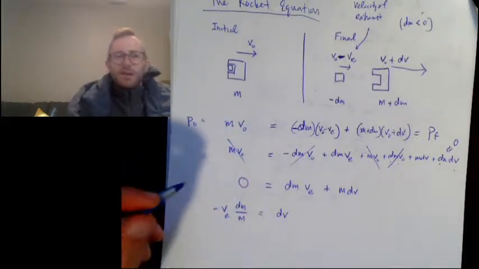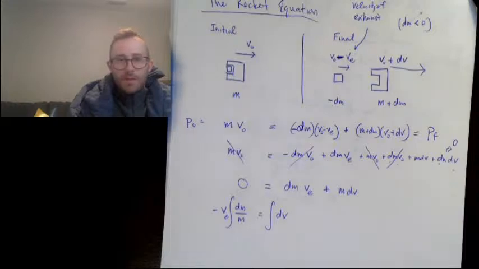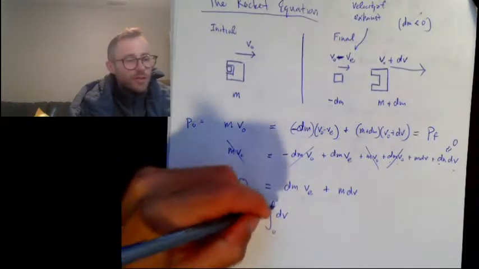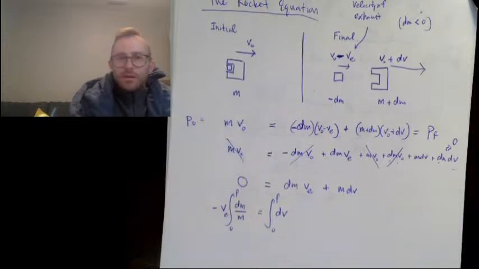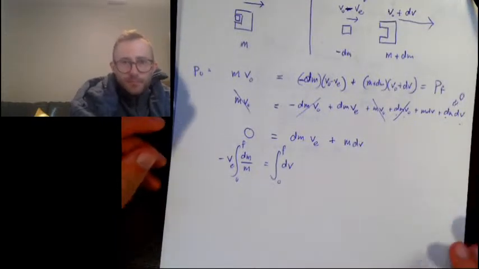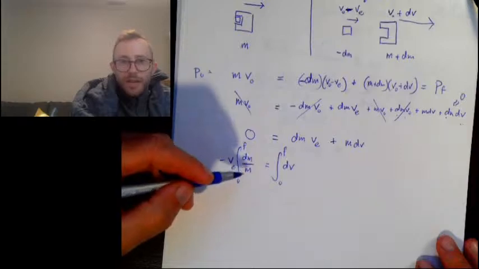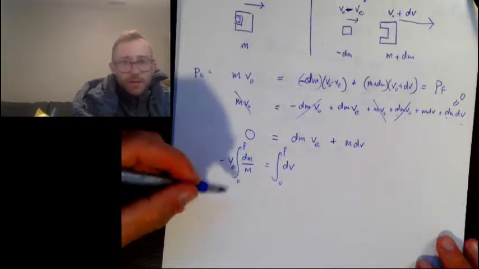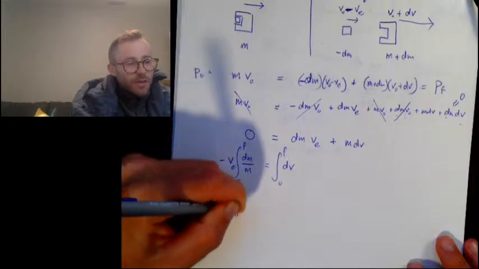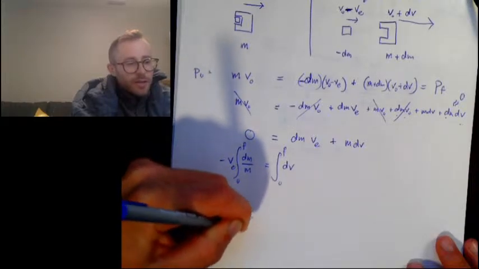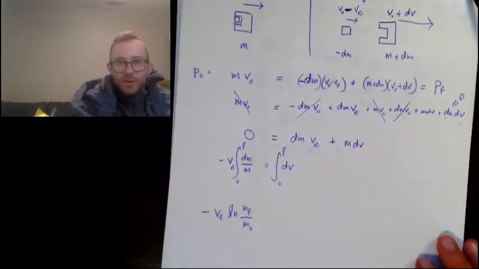So now I integrate both sides from initial to final. Now, the integral of dm over m is natural log. So this integral is going to be natural log of m final minus m initial times the velocity of the exhaust times negative 1.